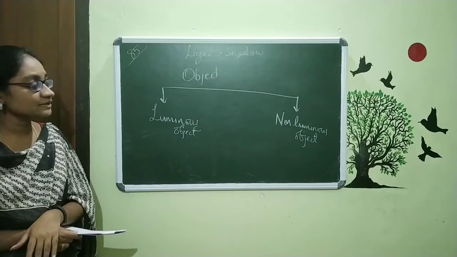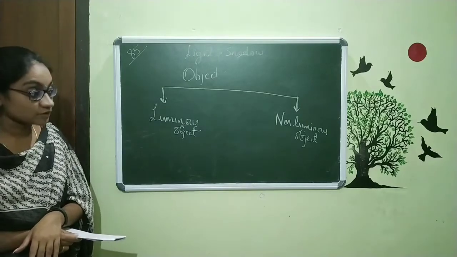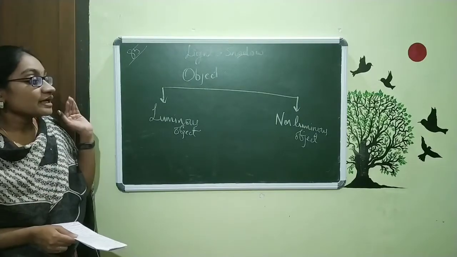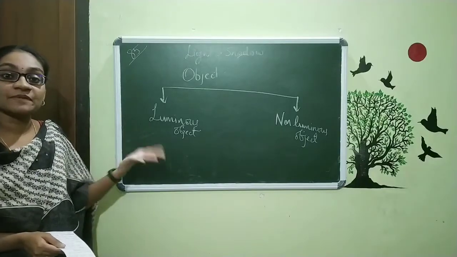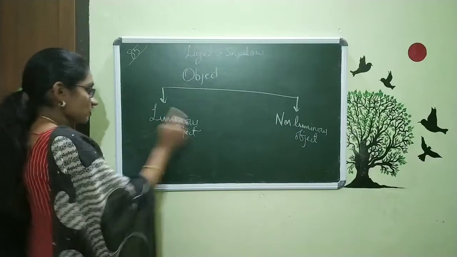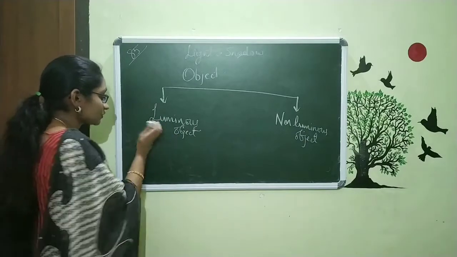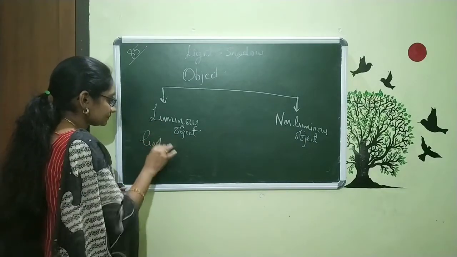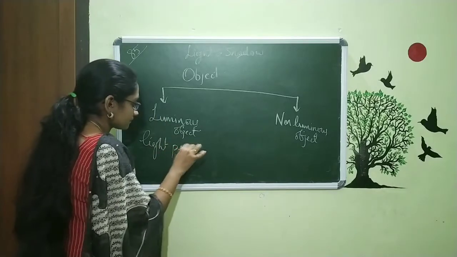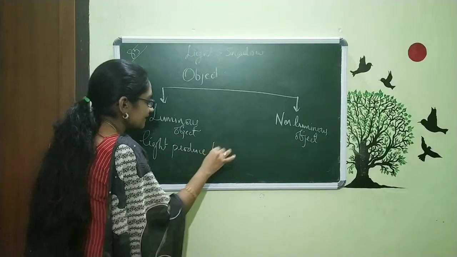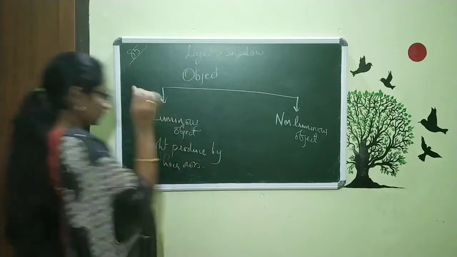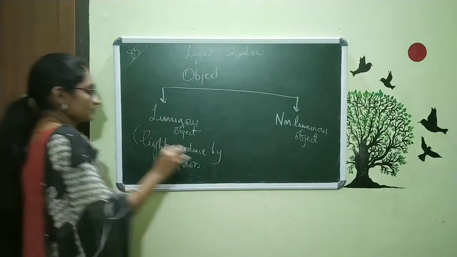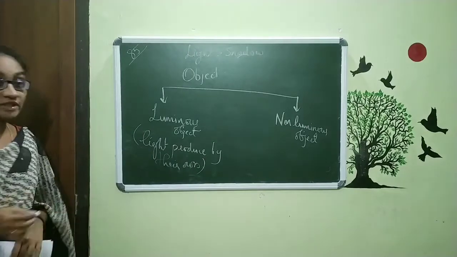So what is this luminous object and what is this non-luminous object? Luminous objects are the objects which produce light by their own. Light produced by their own, that is luminous objects.